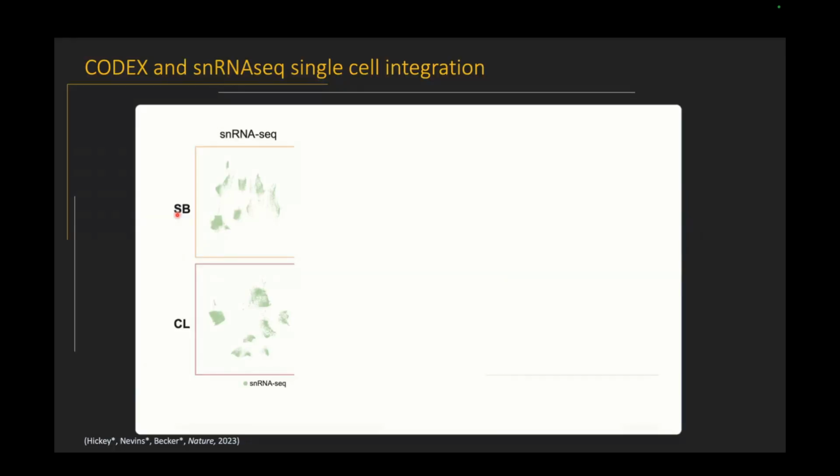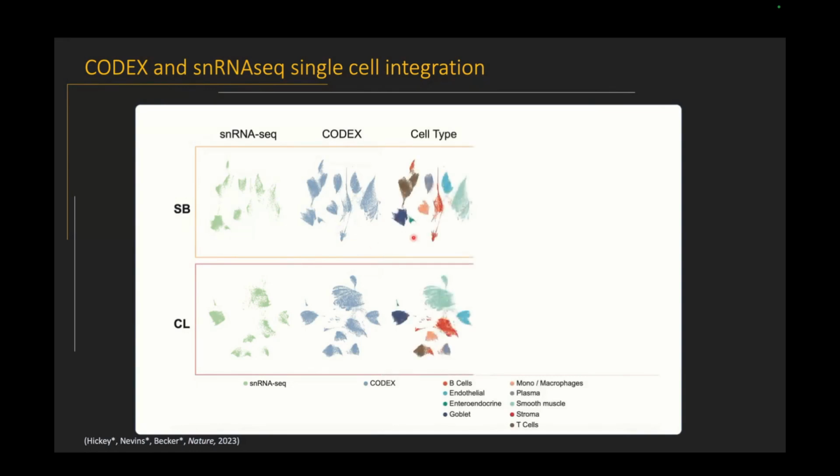And so this is what the data look like in the small intestine and colon. This is from the single-cell RNA-seq. Here in the same embedding space, we have the CODEX individual cells. And next to that, colored separately, are individual cell types. You can see that there's large agreement between the two assays, where the same cell types are colored similarly.